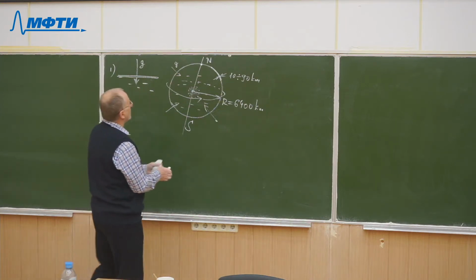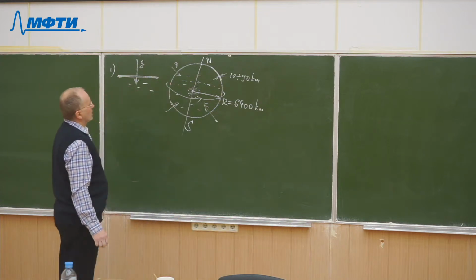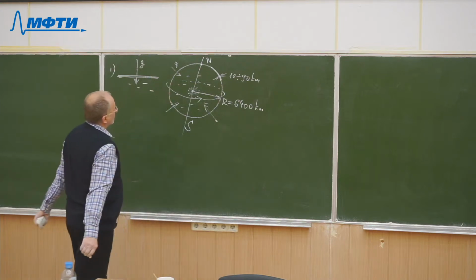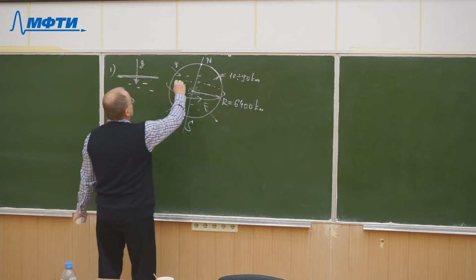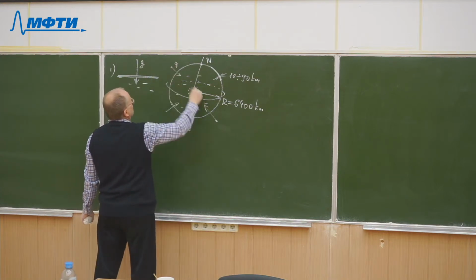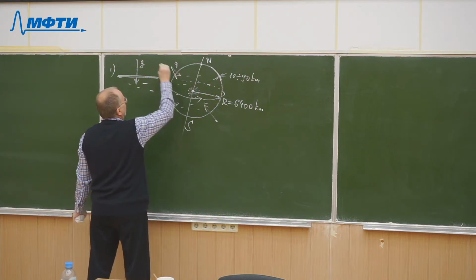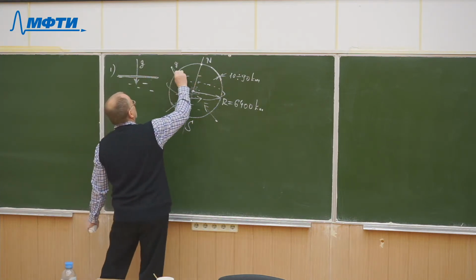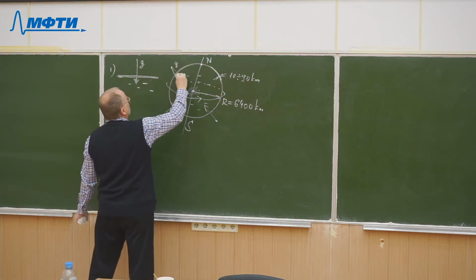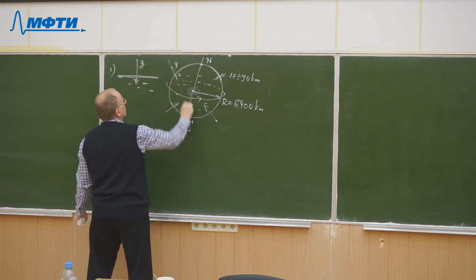So it's non-inertial, and therefore there are centripetal forces. There is some centripetal acceleration, and the actual acceleration of free fall will not be directed to the center of the planet. The actual acceleration will be directed somewhat at an angle, and therefore the ocean surface or the planet surface will not be perpendicular to the radius of the planet, but it will be perpendicular to another direction.